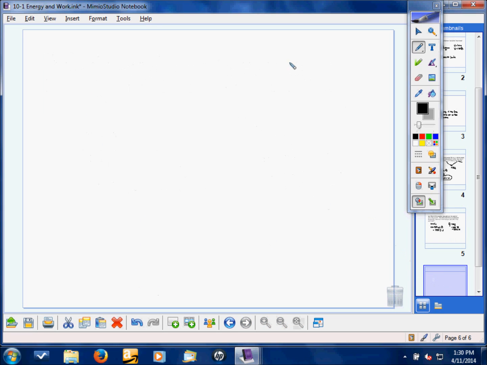You could ask how much work gravity does. I'm just going to try and write this one out here. Let's say we have a 3.9 kilogram bowling ball. Okay, that's pretty light one actually.